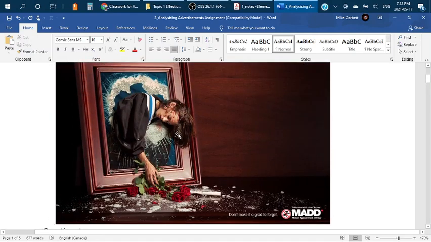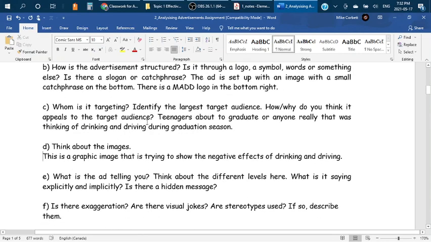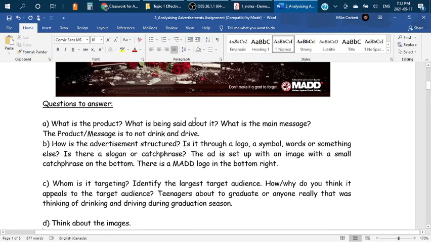So when we look at the ad, it is quite clearly explicitly saying don't drink and drive. Now, it's also, again, because of the type of image saying don't drink and drive during graduation season. So again, I could say pretty much the same thing I said up here in the first, kind of a combination of this one here. The message is to not drink and drive.